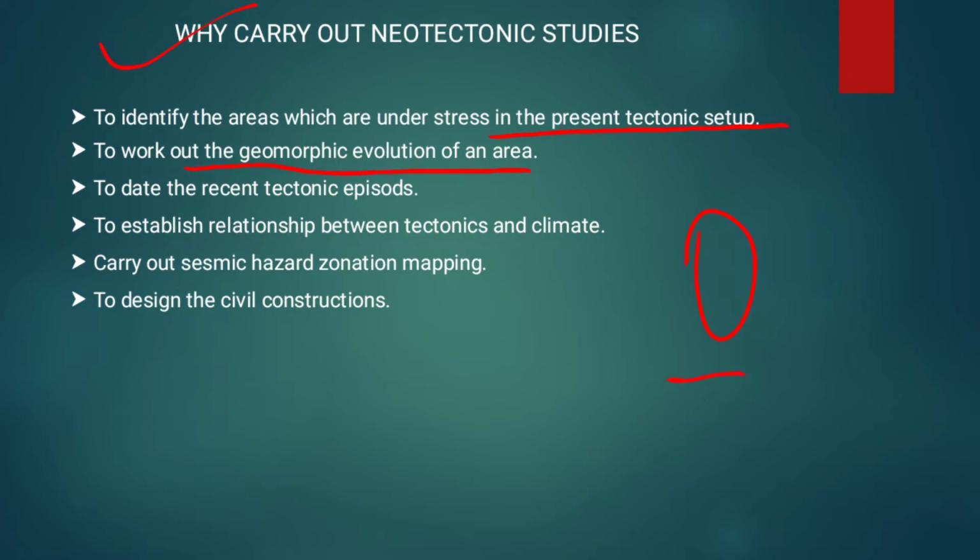If tectonic evolution has appeared, how will it get changed in future? This can also be determined by the study of Neo-Tectonics.